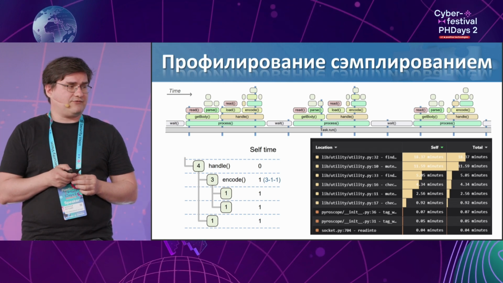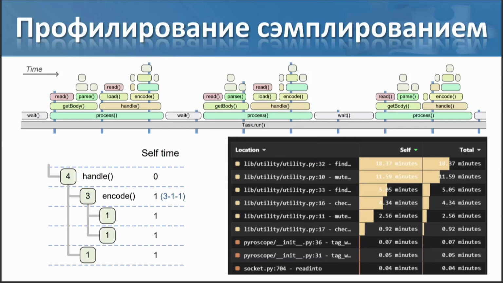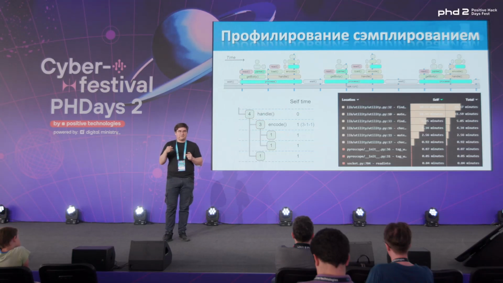And another thing, every frame has a self-time column. What is self-time? There is a tree. A node has two subsidiary nodes with weights 1, and the node itself has a weight of 3.